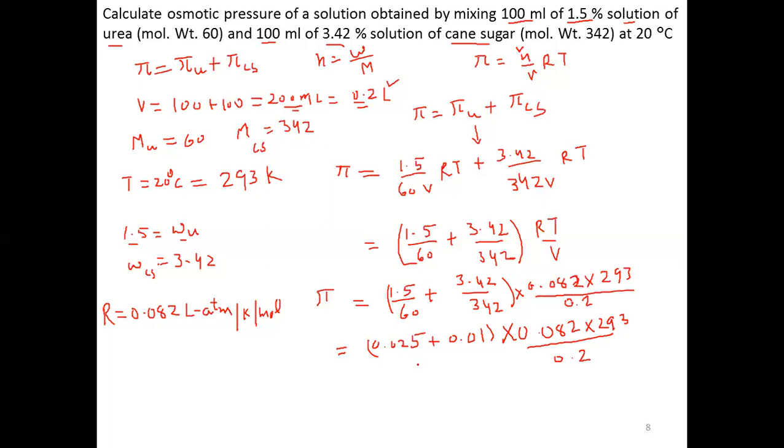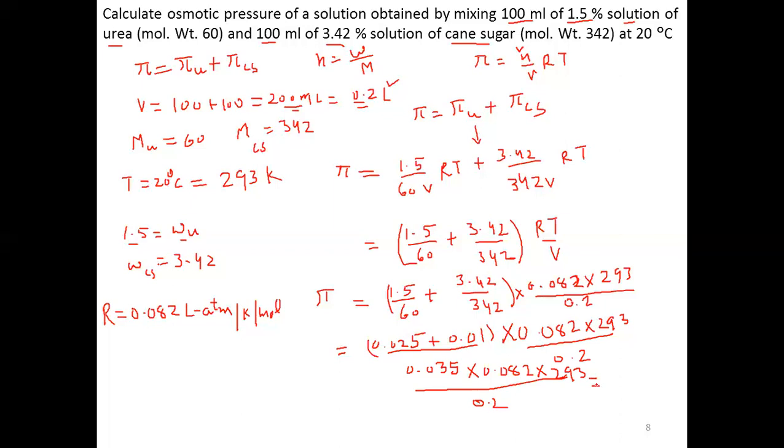Now 0.025 plus 0.010 is 0.035. If we add these two, it becomes 0.035 into 0.082 into 293 divided by 0.2. This will be the answer.